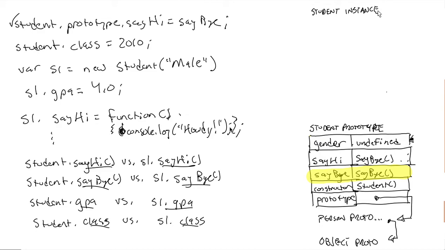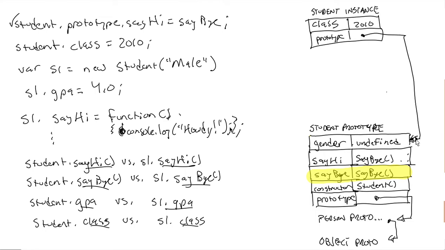It's going to have a class value, and the class value is going to be 2010. And it has a prototype link, and the prototype link goes to the student prototype.